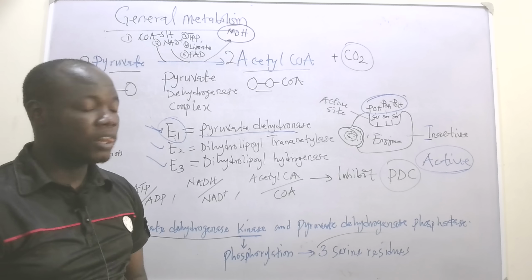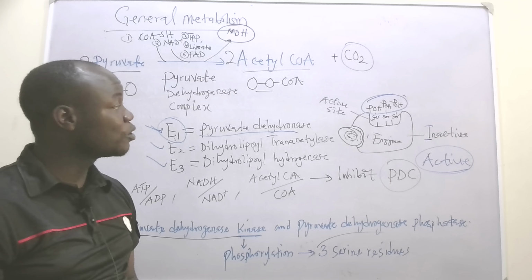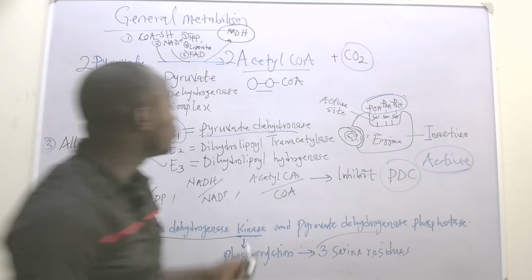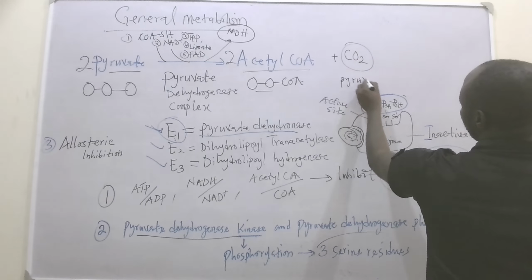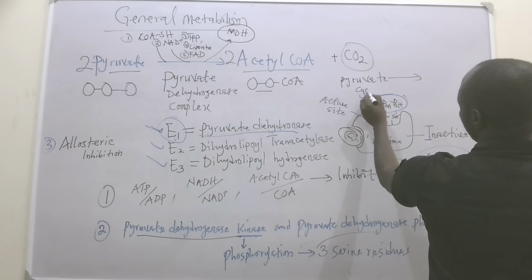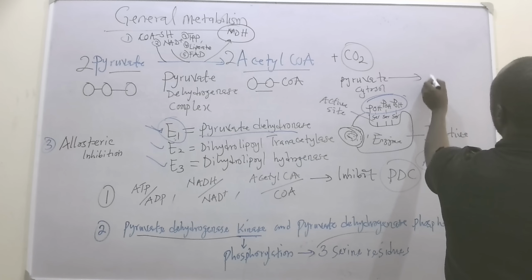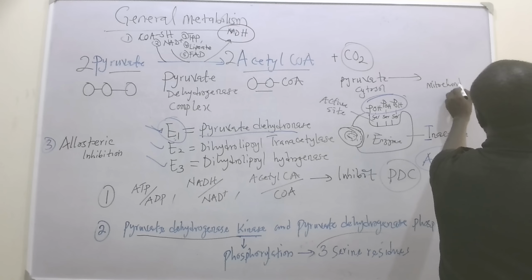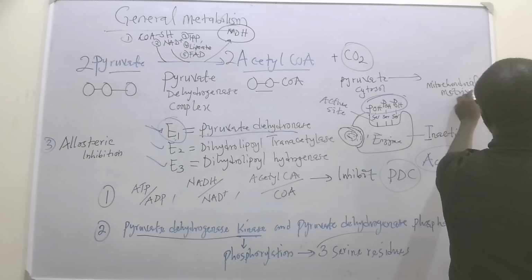what we call protein co-transport. Although I didn't mention that during transportation of pyruvates from the cytosol to the mitochondrial matrix, what types of transport does it use?